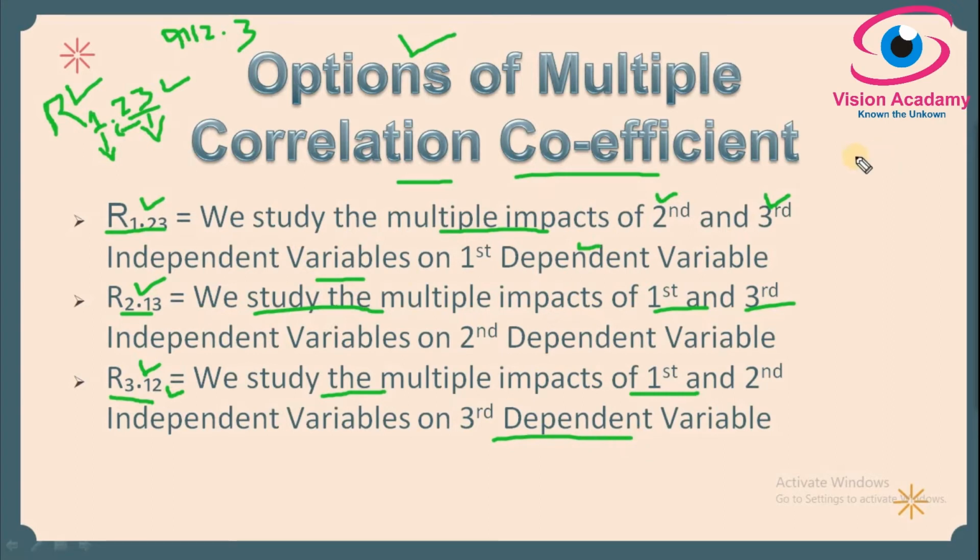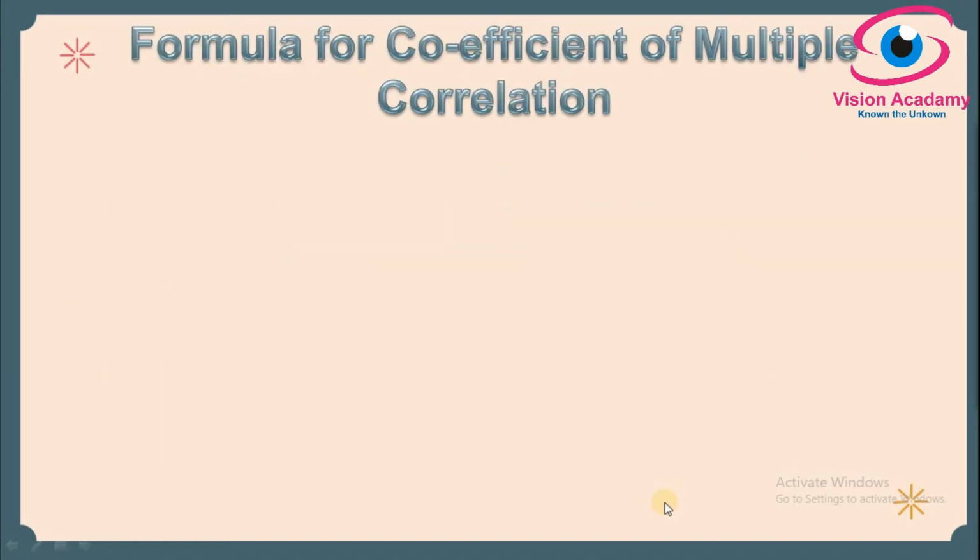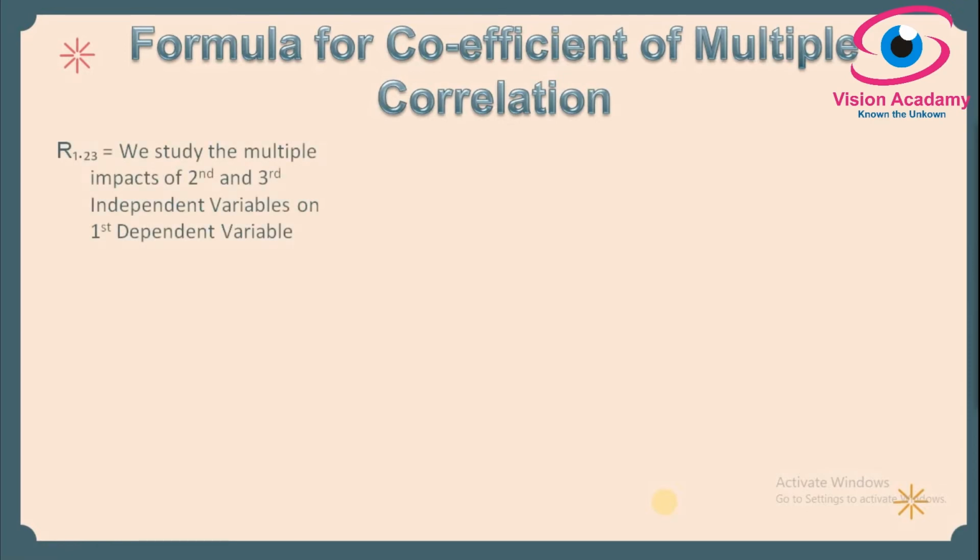So if you want to calculate multiple correlation, you need to obtain the values of R1.23, R2.13 and R3.12. Let us see the formula for calculating them. This is the formula for the coefficient of multiple correlation. Firstly, let me consider R1.23, where 1 is the dependent variable and 2 and 3 are independent variables.